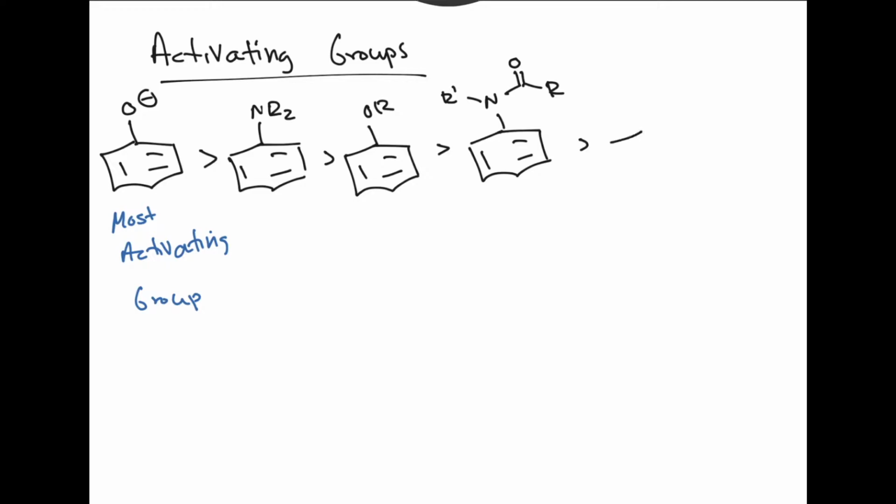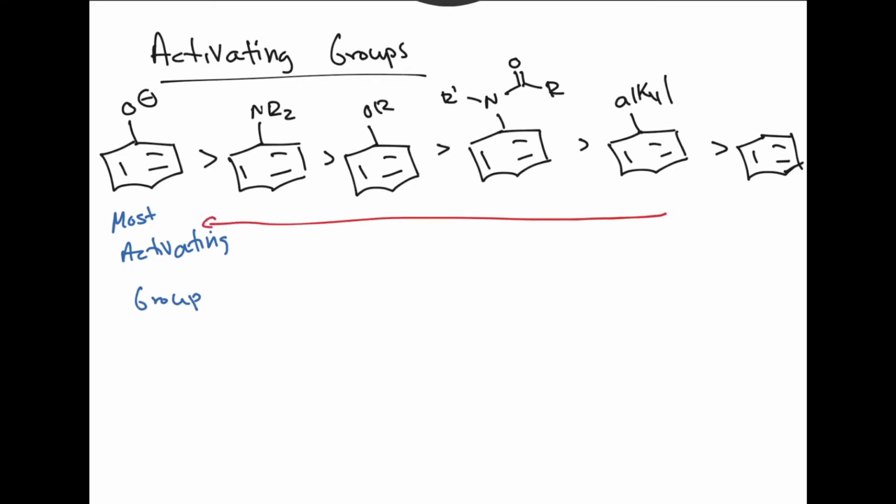Then you have just boring alkyl groups. So methyl, ethyl, propyl, those kinds of things. And your rate is going to increase as you become more activating.